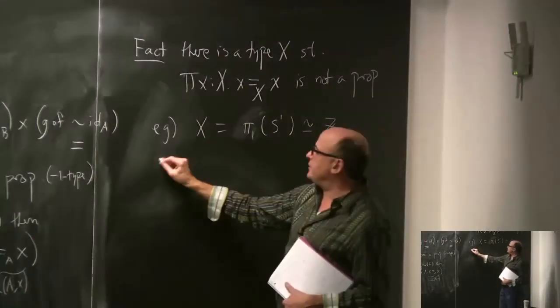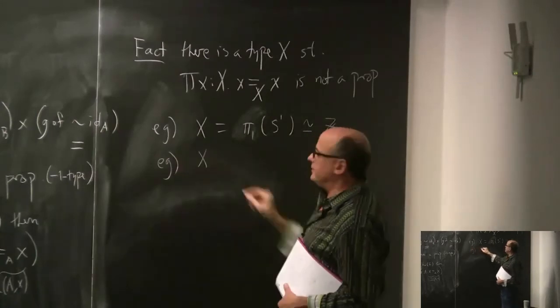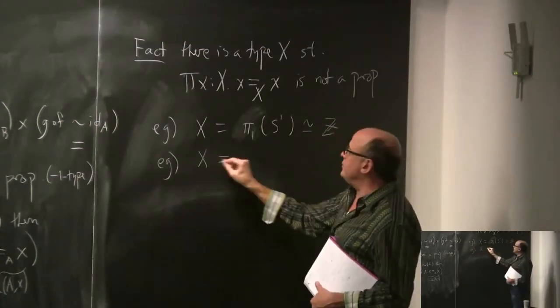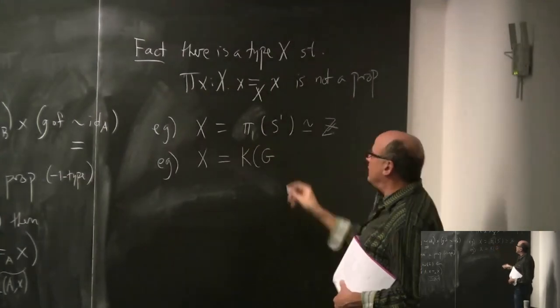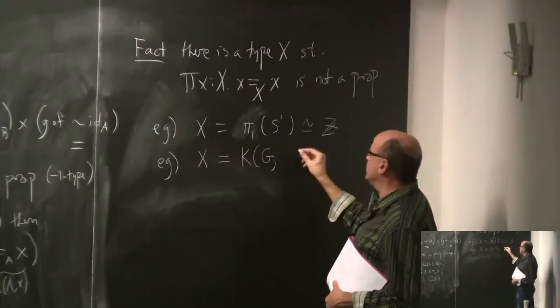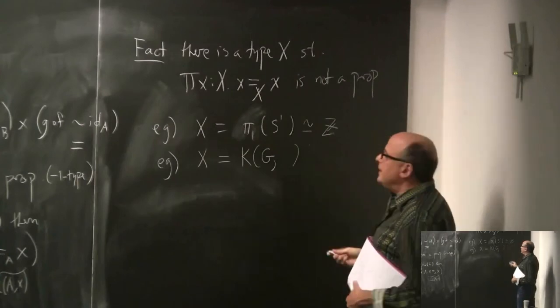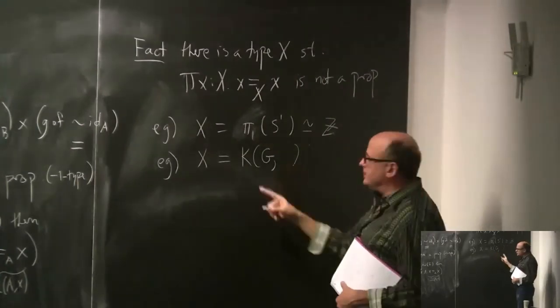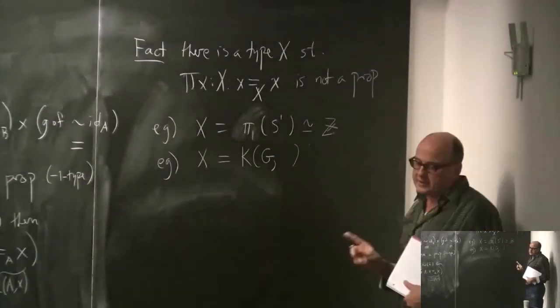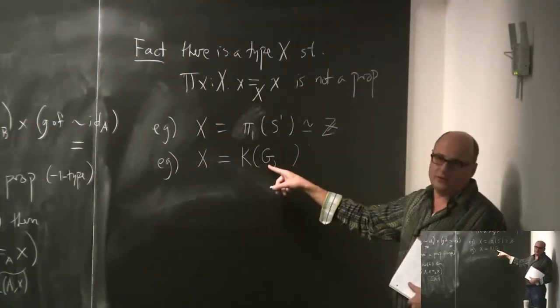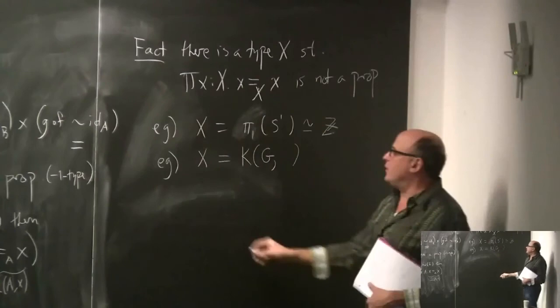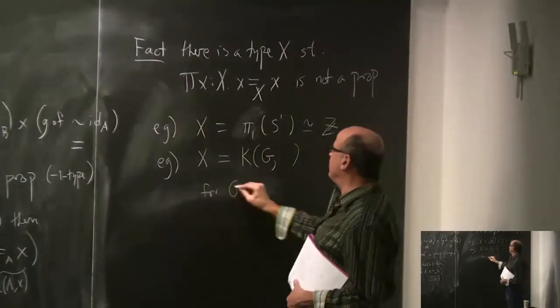Another version of it, you can actually go completely crazy. There's a theorem which says you can make this be KG1 or something, which is a construction that says I can construct a space whose fundamental group is any group that I want it to be. So I pick for G whatever I like.